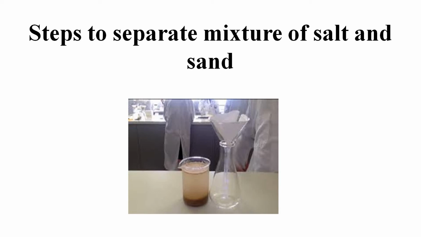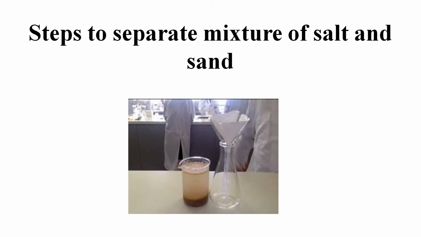Students, the decanted liquid contains the salt which was there in the mixture in the beginning. Now we need to separate salt and water from the decanted liquid. Students, we know that a mixture of salt and water can be separated by the evaporation method. So we use the evaporation method to separate the mixture of salt and water.